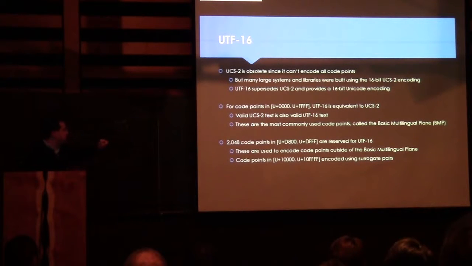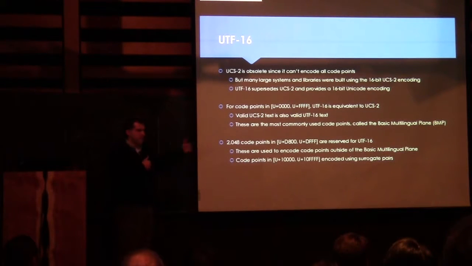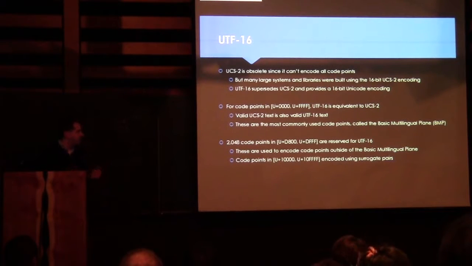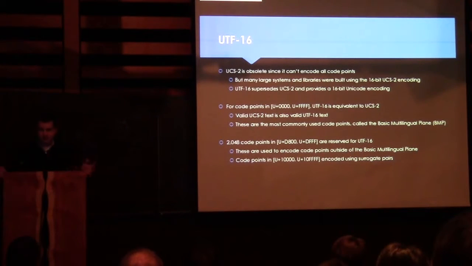And so the solution for that is UTF-16. And there's a couple things about this. For code points between 0 and the maximum value representable by 2 bytes, UTF-16 is equivalent to UCS2. So if you take UCS2 text and you interpret it as UTF-16, that'll work fine. Also important is that these are the most commonly used code points.